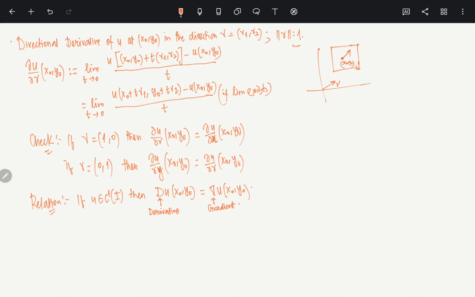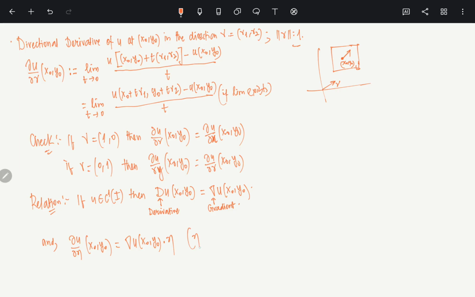Now what is the relation between this and the partial derivatives? So the relation is this: del u del eta at the point x naught, y naught will be nothing but the gradient of u at the point x naught, y naught, that will be a vector, dot eta. Is it okay?